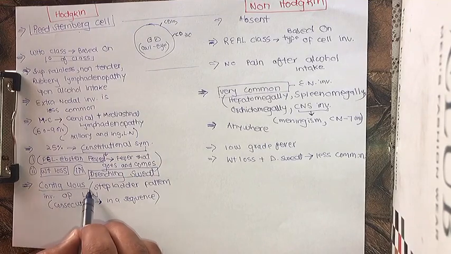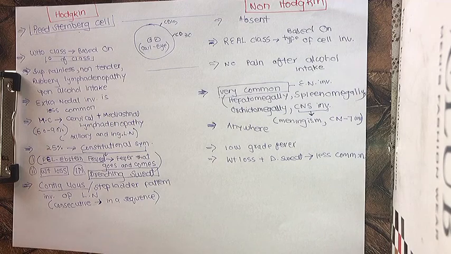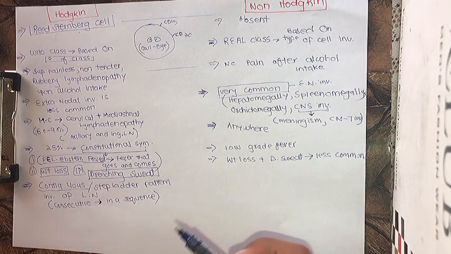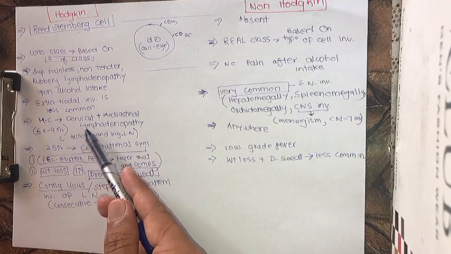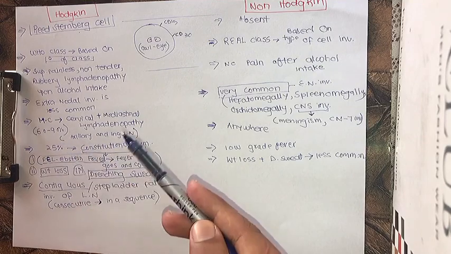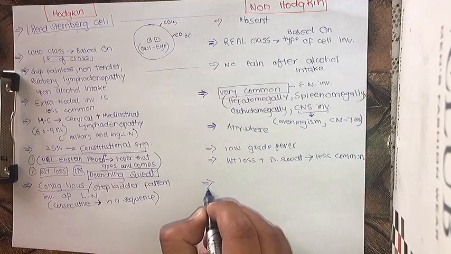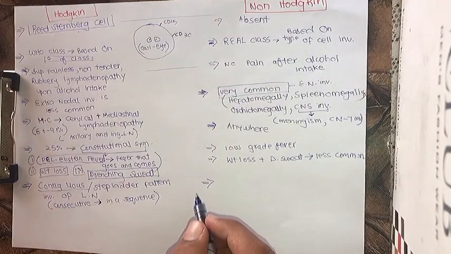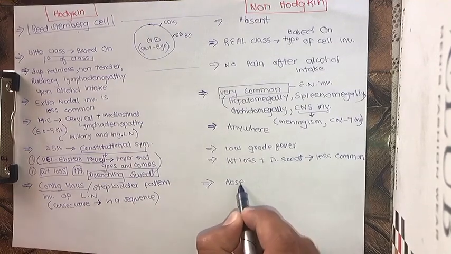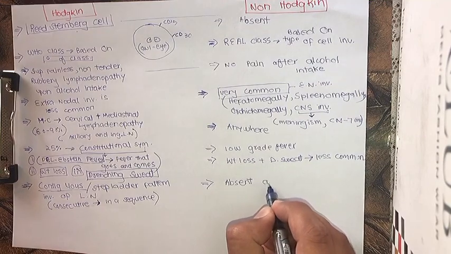Contiguous or stepladder pattern involvement of lymph node is seen in case of Hodgkin's lymphoma, like consecutive in a pattern. First will be involved cervical, then mediastinal lymph node could be involved, then axillary, and then inguinal, like that. Whereas in case of non-Hodgkin's lymphoma, this pattern will be absent, and it could be anywhere.